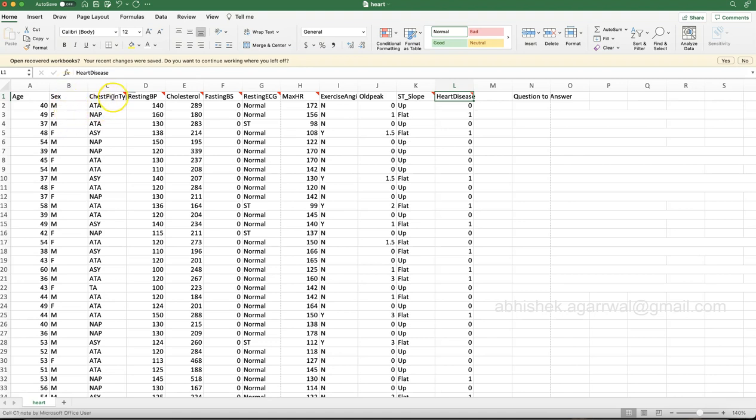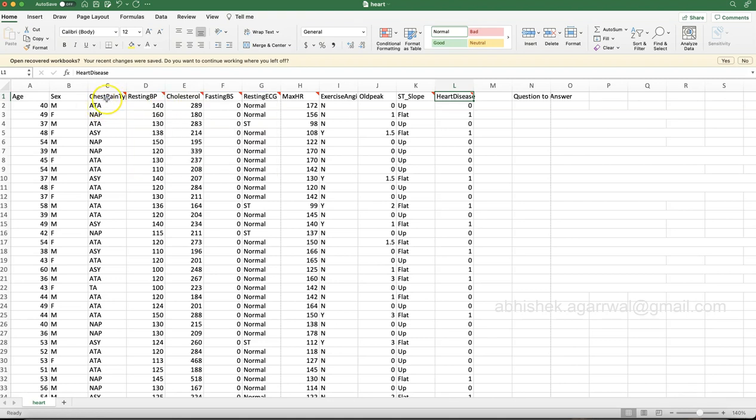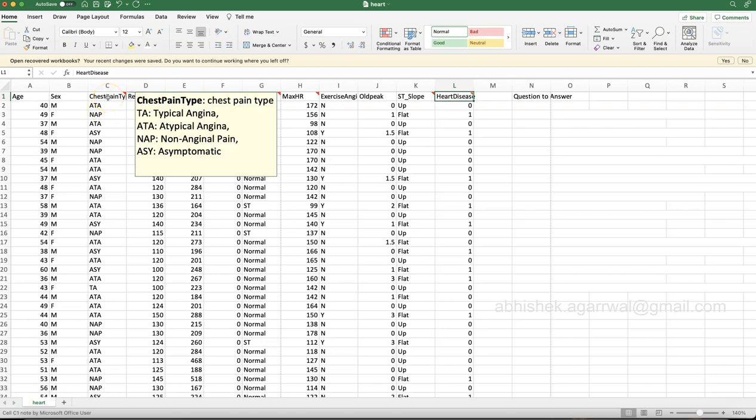Then you have chest pain type, which has abbreviations like TA, ATA, NAP and ASY. TA is typical angina. ATA, I'm not very expert in this, is atypical angina, NAP is non-anginal pain, and ASY is asymptomatic.